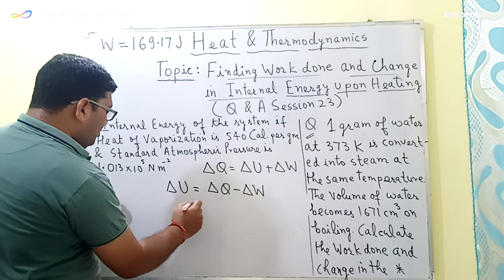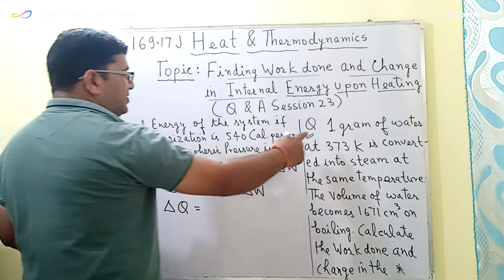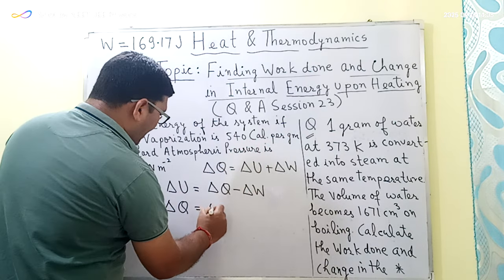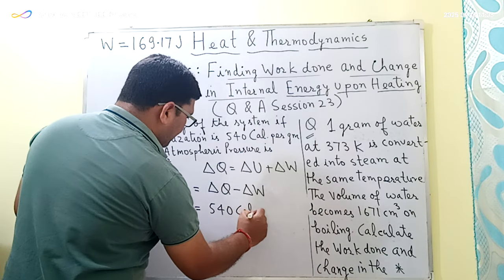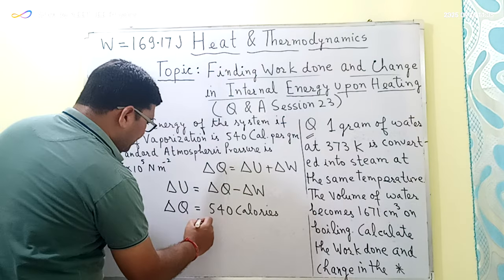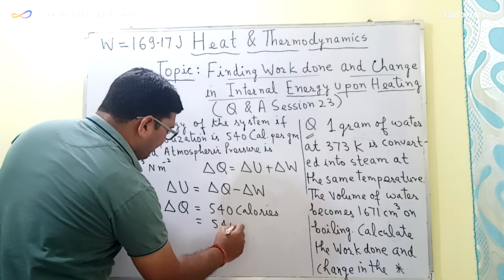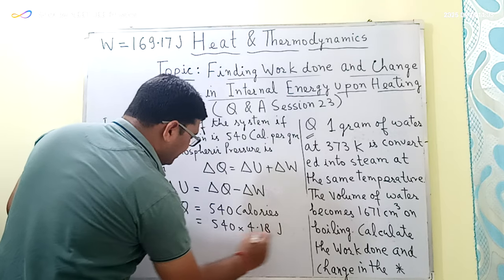So delta Q will be equal to how much? This will be equal to 540 calories. Now in order to convert this into joule, I will be multiplying it by 4.18. So this is in joules.